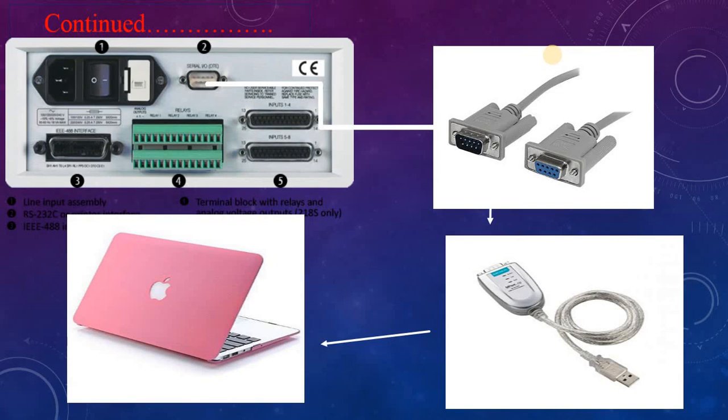This is how the back panel looks. The 9-pin D connector is the RS232 connector. You will make a cable and connect it to the adapter, then connect it to the PC. The cable looks like that. This can be made at home.